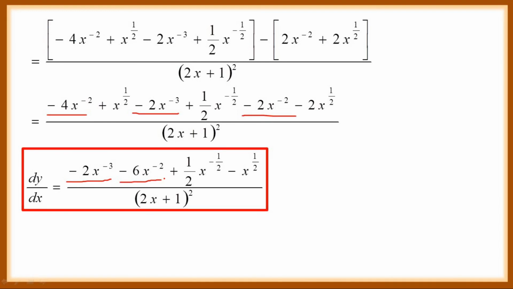And then, we have our negative 1/2. Isa lang siya. 1/2 x raised to negative 1/2. And then, for positive 1/2, we have x raised to 1/2 minus 2x raised to 1/2. That is negative x raised to 1/2. Now, we covered everything. This is our final answer.